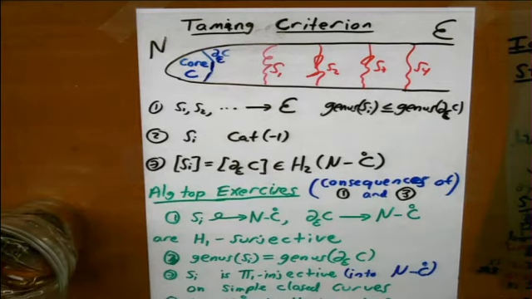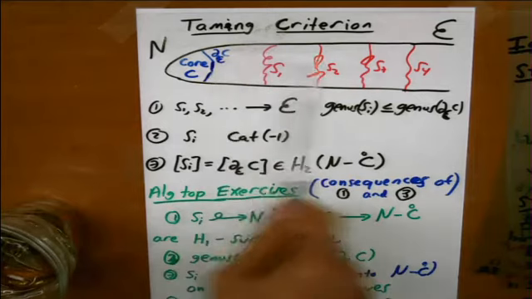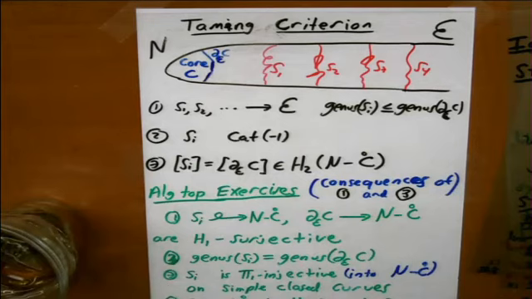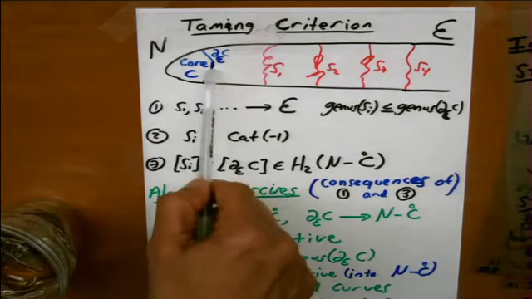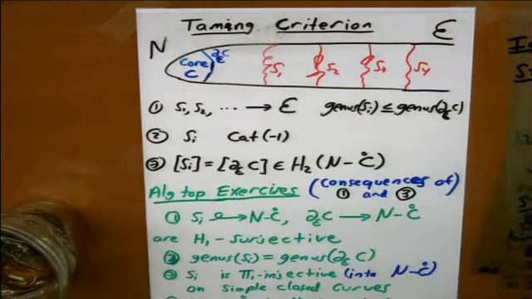And the third condition is that these surfaces are homologically separating the end from infinity. So if you draw any ray going out from the end, then that ray will at least intersect these surfaces with positive algebraic intersection number.